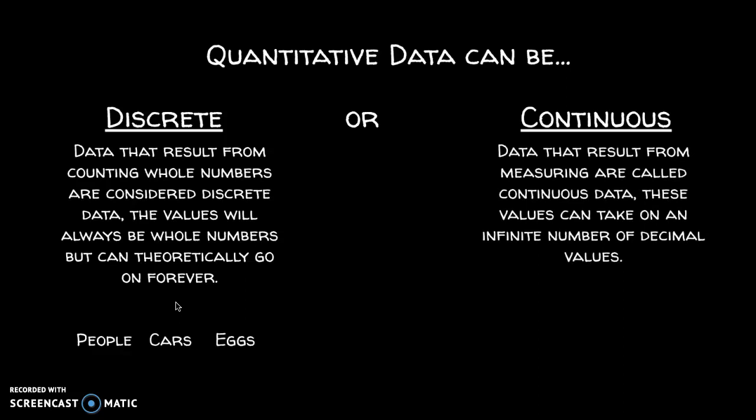Whereas continuous data is data that result from measuring, and these values can take on an infinite number of decimal values. So with the accurate technology, you can always measure continuous data more accurately and more precisely with these decimal numbers. So we don't say, your weight is 150 pounds. We can actually get it to be much more accurate than that, right?